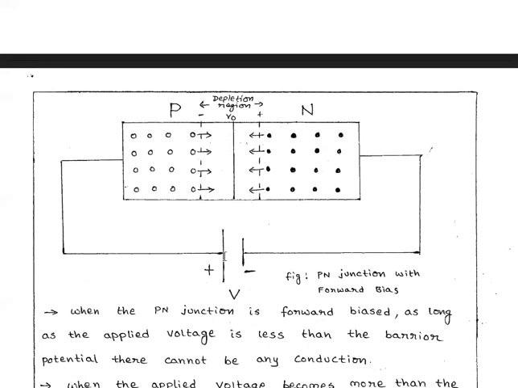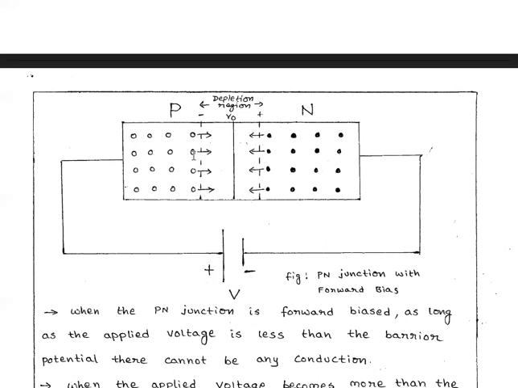In a similar way, the positive terminal pushes the holes of the P-type region to the N-type region. Thus, holes get repelled by this positive terminal and electrons get repelled by this negative terminal and cross the junction. These holes cross like this and these electrons cross like this.